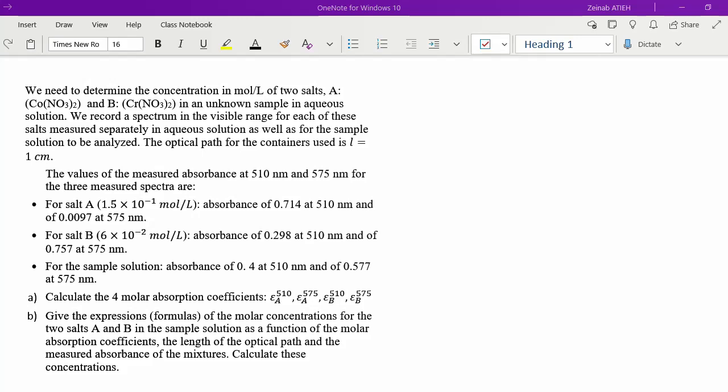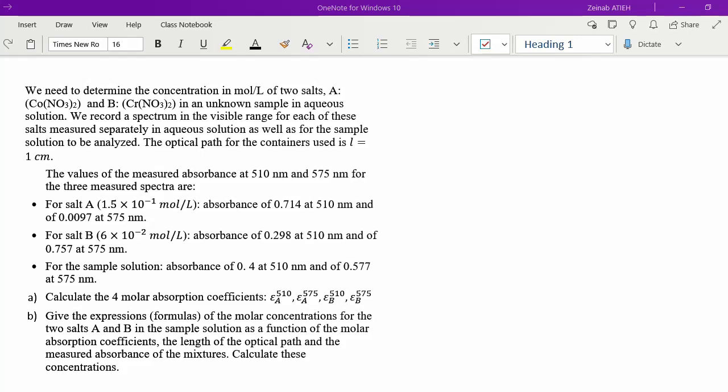So for salt A, with a concentration 1.5 times 10 to the power minus 1 mole per liter, we found that the absorbance was 0.714 at 510 nanometer and 0.097 at 575 nanometer. For salt B, for a given concentration, we did our experiments and found that the absorbance at 510 nanometer is 0.298 and at 575 nanometer it is 0.757.